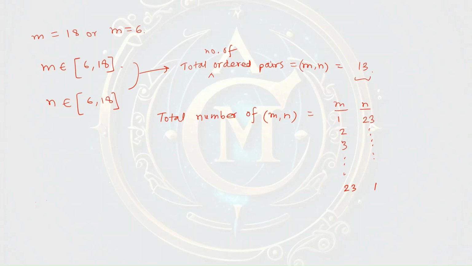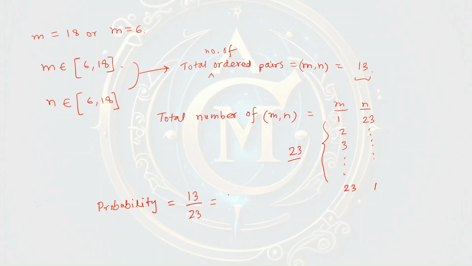We will not consider the case m equal to 24 and n equal to 0 because we are told that n should be a positive integer. That means there are 23 cases in total. So the probability will be favorable upon total, that means 13 over 23.